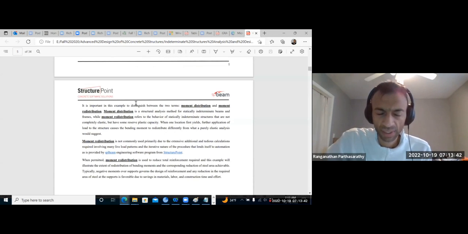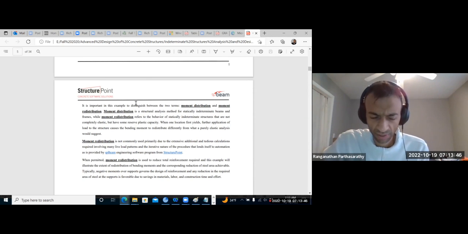There is a caveat. Sometimes we get confused with the terminology. Moment redistribution is used to make a more economical design for continuous reinforced concrete beams, taking into account additional load capacity due to formation of plastic hinges.